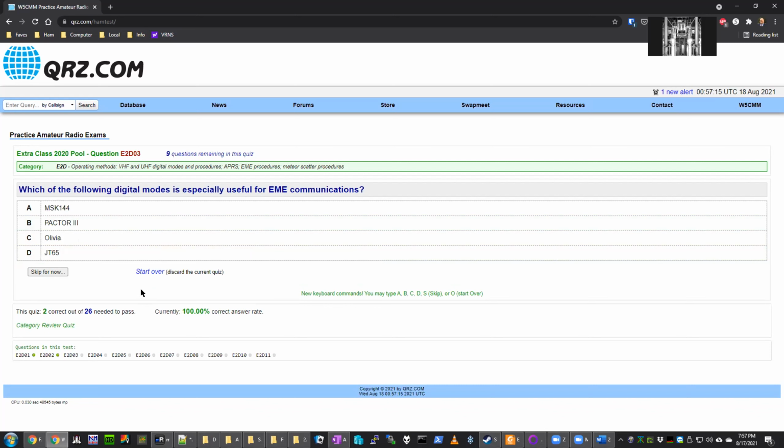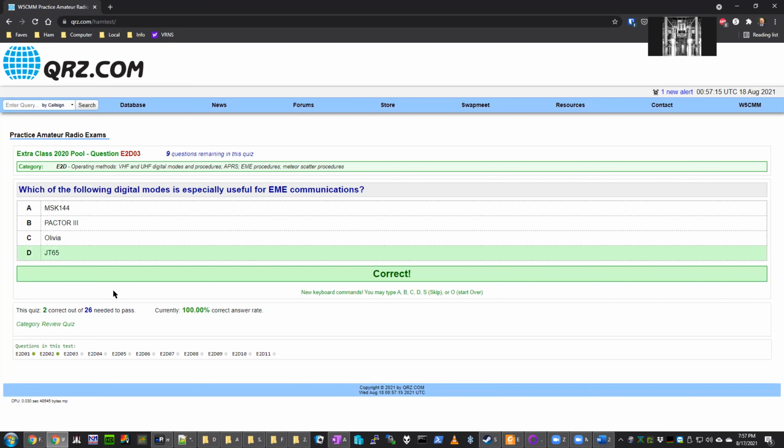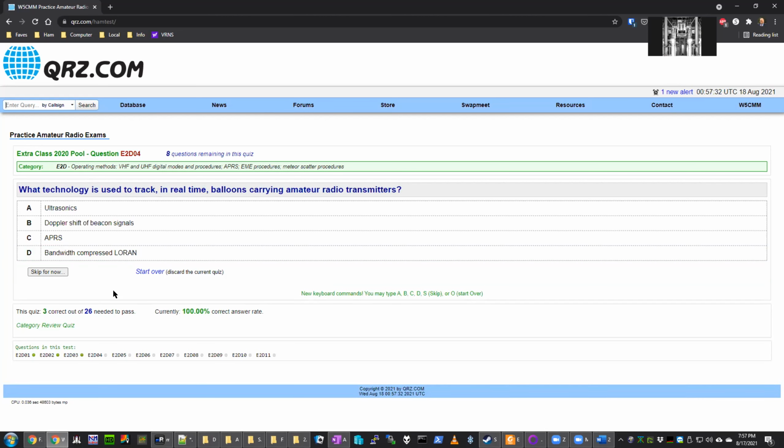Which of the following digital modes is especially useful for EME communications? Is it D? D, Delta. The JT65 can be decoded at incredibly low levels. What technology is used to track in real time balloons carrying amateur radio transmitters?